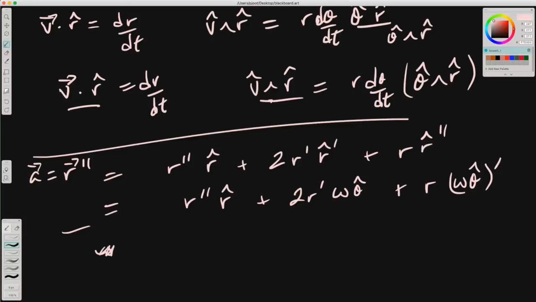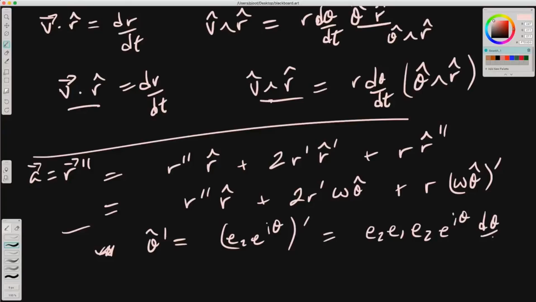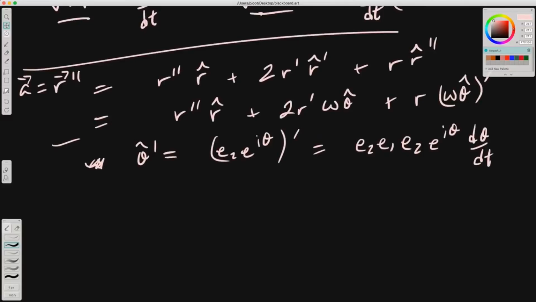So you need the first derivative of theta hat to start with, and that is e to the I theta prime, which is e2 e1 e2 e to the I theta d theta dt, this time not forgetting my d theta dt, and that is minus e1 omega e to the I theta, or minus omega r hat.